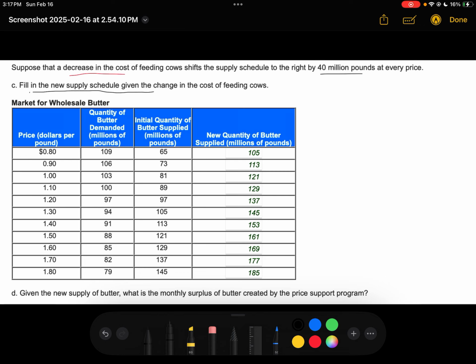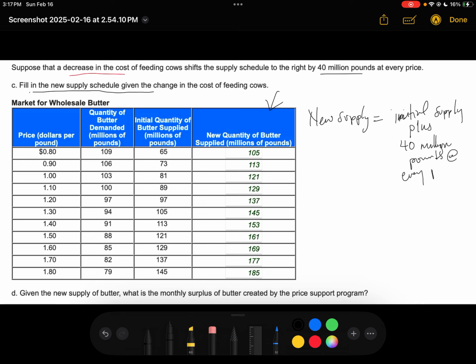So this is the new supply schedule. Now I have it filled in for us, but how did I do this? The way you want to do this is, here is a formula for you. New supply will be equal to the initial supply plus, you guessed it, plus 40 million pounds at every price.